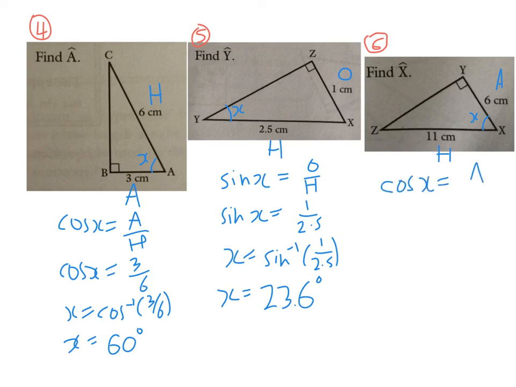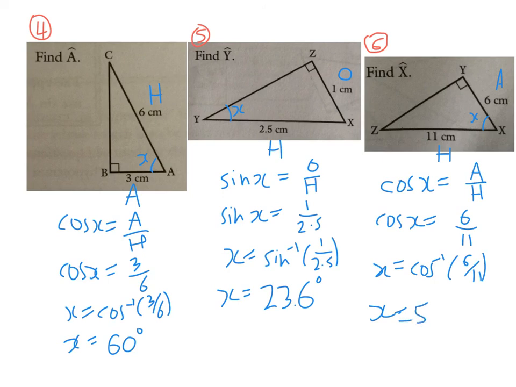Cos x equals A divided by H. Cos x equals 6 divided by 11. So x is the cos inverse of 6/11, and that gives you 56.9 to 3 significant figures.